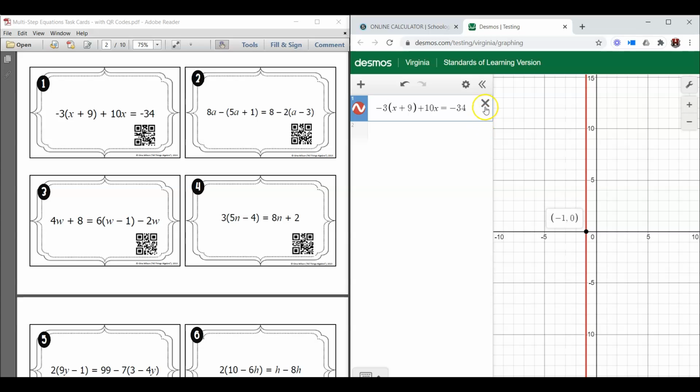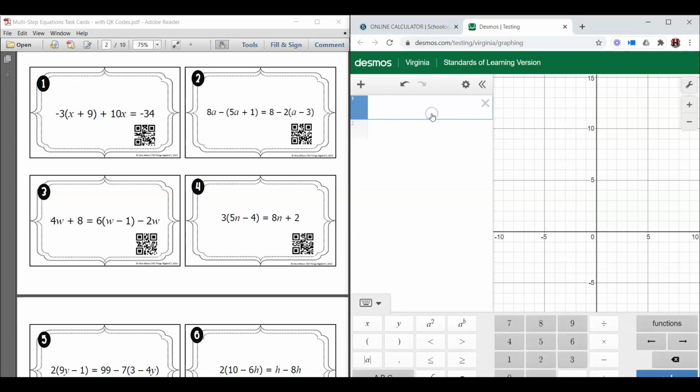All right, so let's come over here and let's delete that one. And let's try another one. Now, you'll notice that this equation number two uses the variable a instead of the variable x. You need to make sure when you're typing these equations into your calculator that you always use x as the variable. So even if the problem uses a different letter, you make sure and use x. So instead of typing in 8a, I'm going to type in 8x.